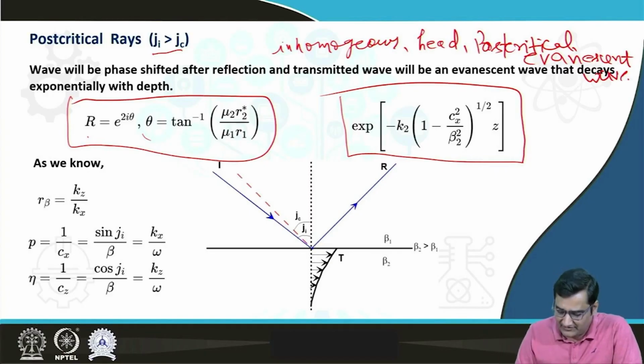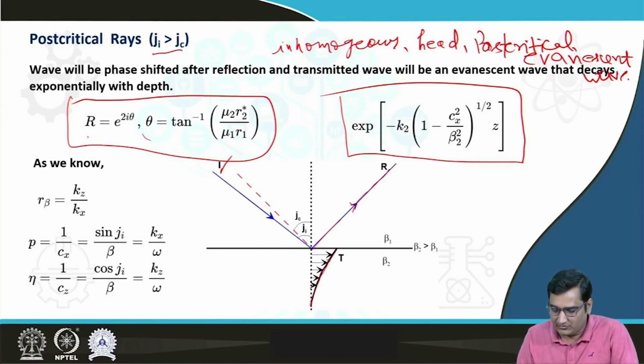So this is the geometry which describes the post-critical rays. You can see the incident wave coming at an angle larger than the critical angle, and there will be reflected energy which will be phase shifted, and there will be this evanescent wave, which decays with depth.